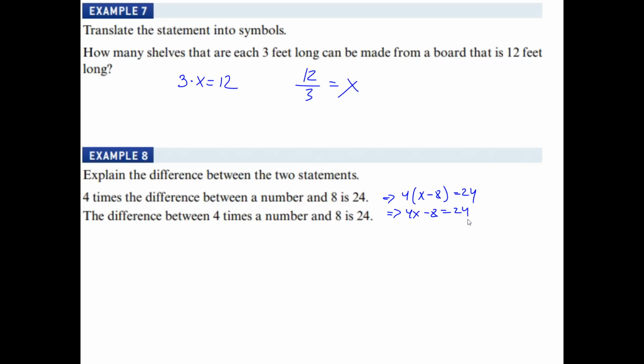Okay, understand? So first statement says that we multiply the difference between number and 8 by 4. Second statement says that we multiply number by 4 and then we take the difference. Then we subtract 8.